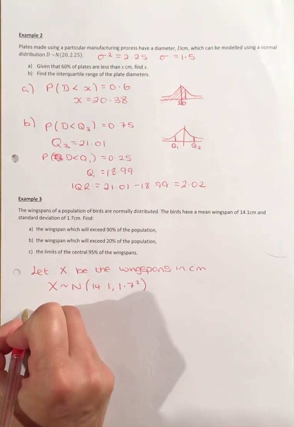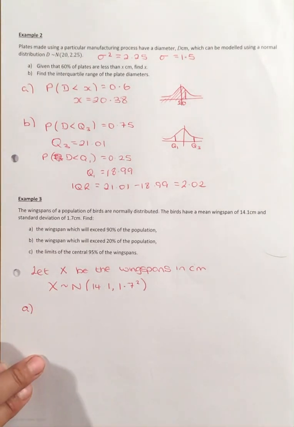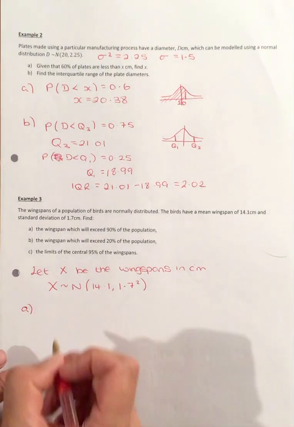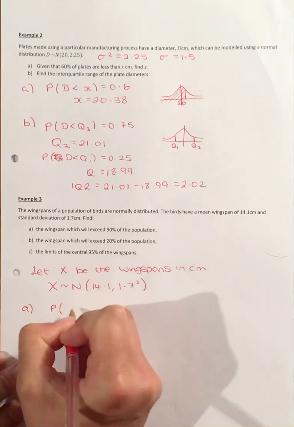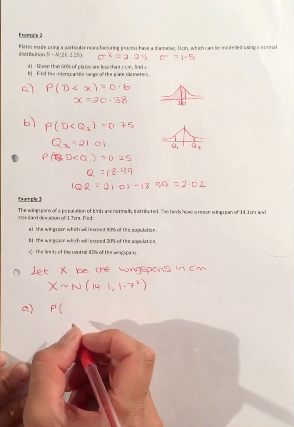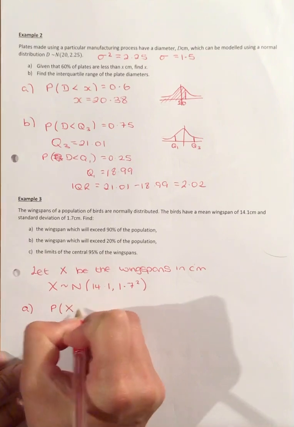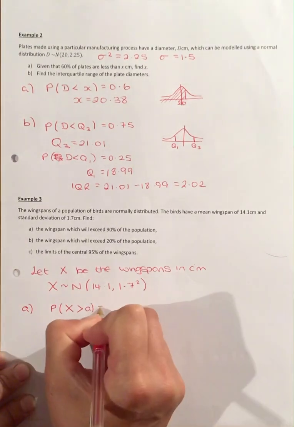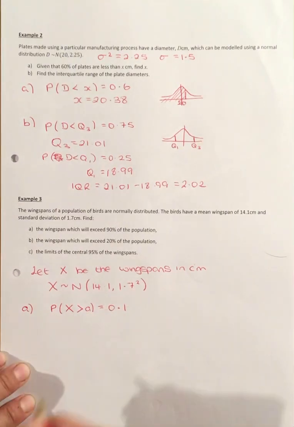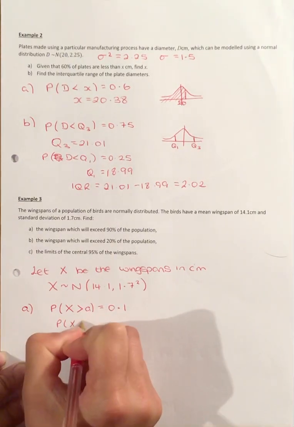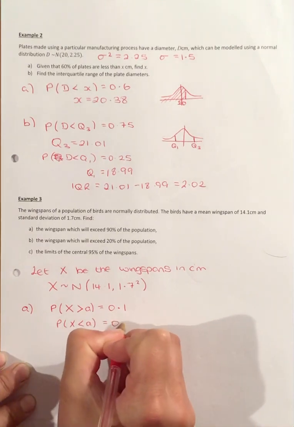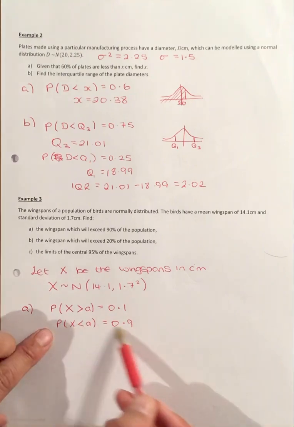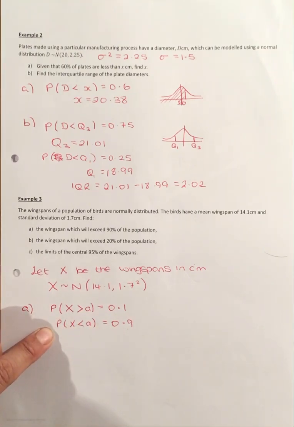So in part A, where we want the wingspan which will exceed 90% of the population, we want the probability that x is greater than a value to be 0.1, 10%, or the probability that x is less than the value to be 0.9, whichever way you want to think about it. This is the one that we use to type into our calculator though.